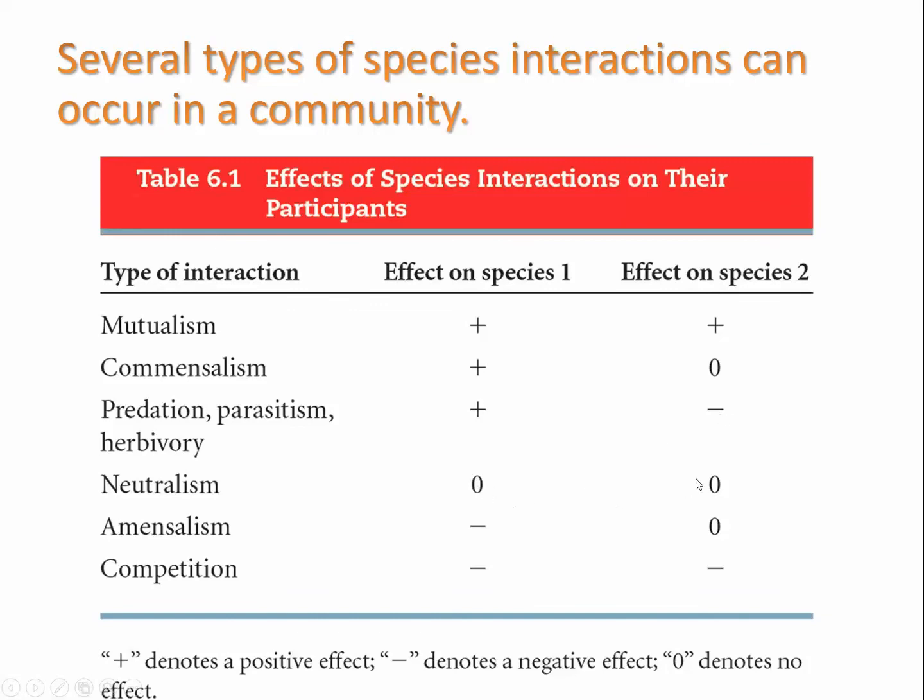Neutralism is where they're living close to each other, but they're basically not interacting. Amensalism, where one isn't really getting any benefit, but the other one's being harmed by it. And competition, where they're both having a negative effect on each other, kind of driving each other out. These all occur when you have species interacting.